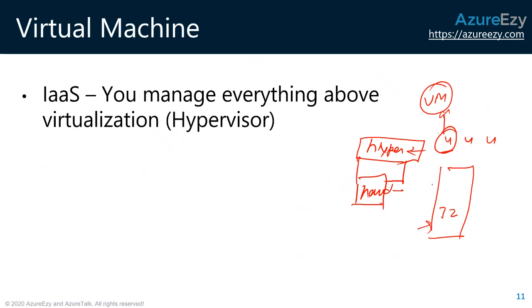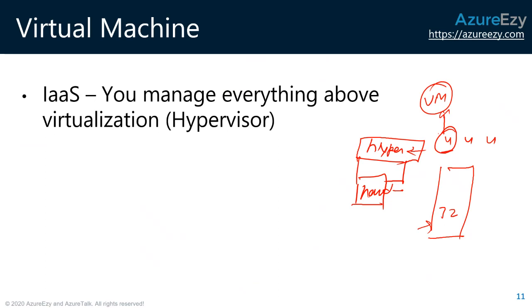You buy a bulky hardware, a server from some vendor, and then you install a hypervisor, which is a VMware solution, or it may be Hyper-V from, for example, Microsoft. You install it, and using that, you divide that particular hardware into small chunks, and that is what you call a virtual machine.